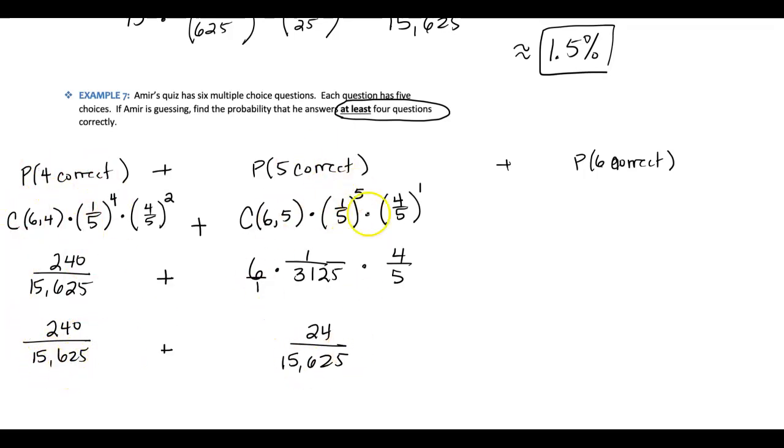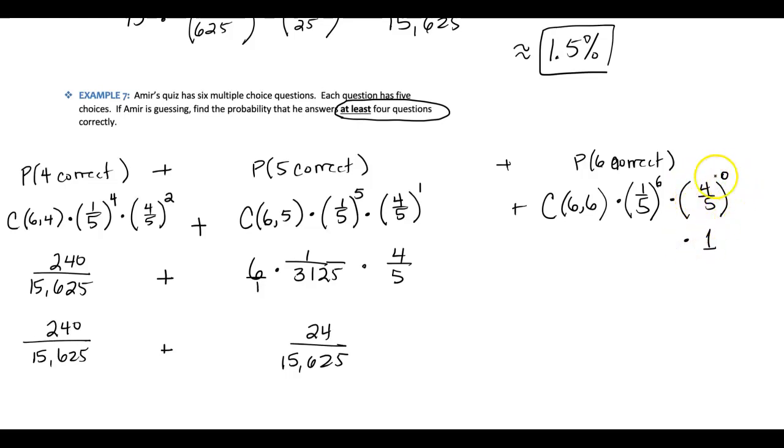Now, choosing 5 correct, let's finish and get the 6 correct. We have a combination that out of 6 questions get all 6 right. Probability of success is 1 answer out of 5 is correct, and repeat that 6 times. The probability of failure is 4/5, and we're going to repeat that 0 times. Remember that anything to the 0 power is a 1.